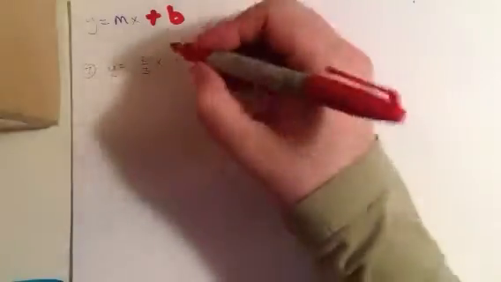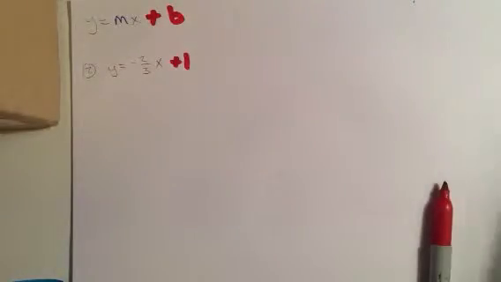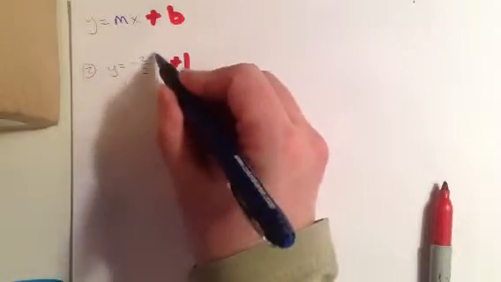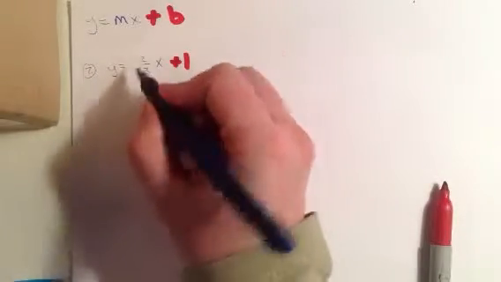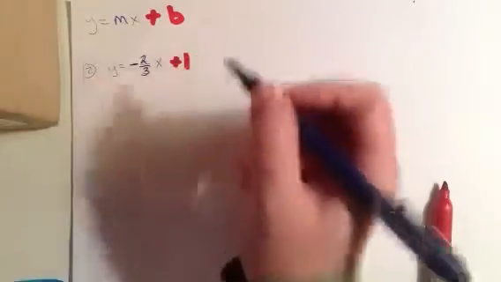If I'm color coding, this is plus 1, that's my b, that's where I begin. My slope is the number in front of x. Again, remember, it's always a number. Don't tell me the slope is negative 2/3 x. The slope is negative 2/3, negative 2 over 3.